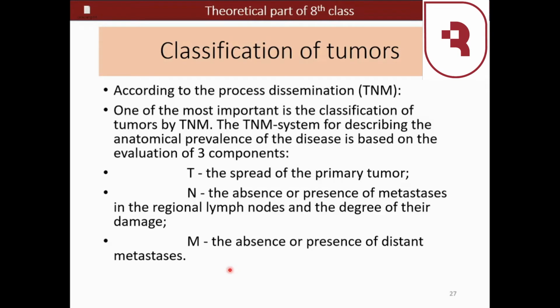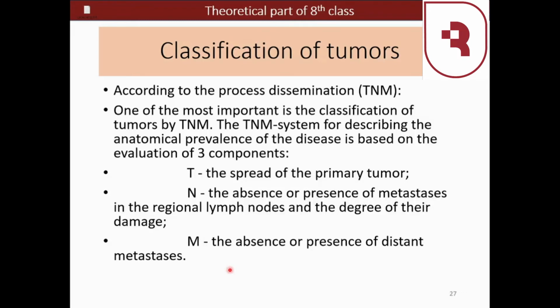The typical worldwide classification of tumors is associated with the TNM way. According to this way, we should use the three most important characteristics of a tumor, which are localized in these three letters. The letter T means the spread of the primary tumor.